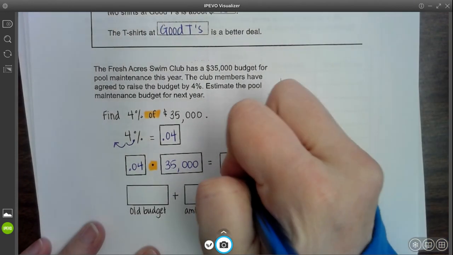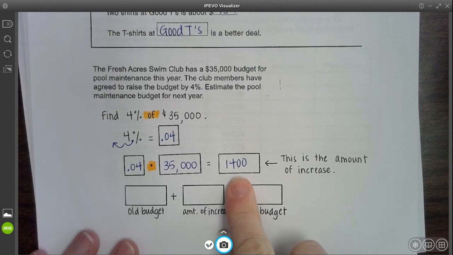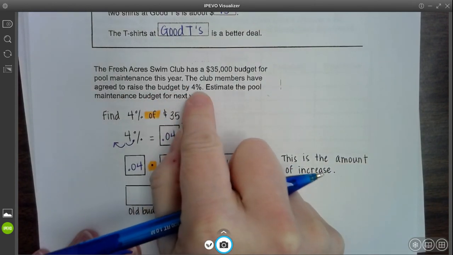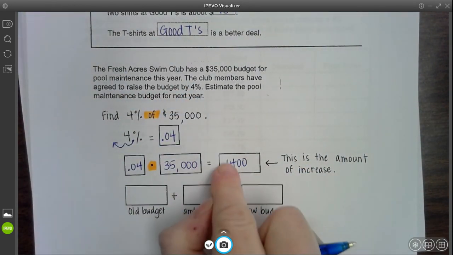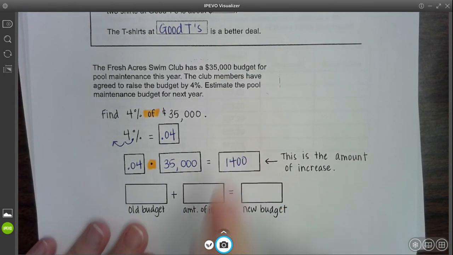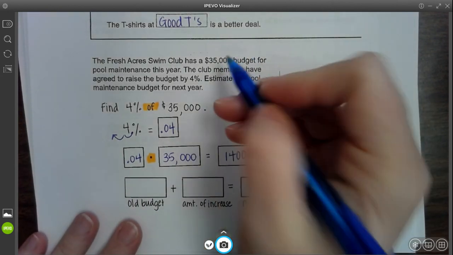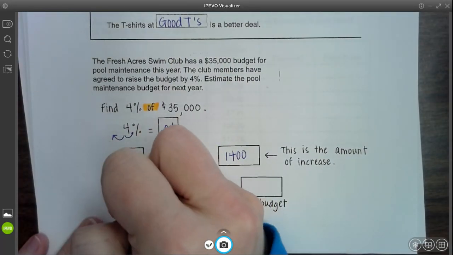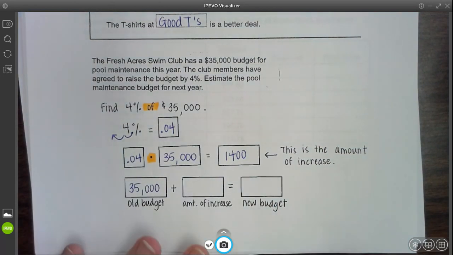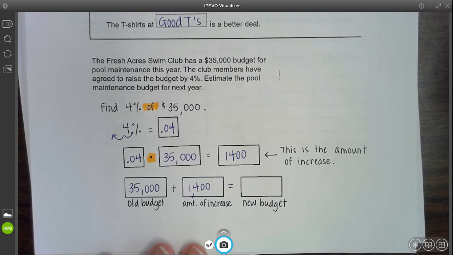Okay, so this $1,400, that's going to be the amount of increase. So it said they're raising the budget by 4%. So this is the amount that we're increasing it by. We're adding $1,400 to our pool budget. So to figure out our new budget, we're going to take the old budget, which was $35,000, and we're going to add the amount of the increase, which was $1,400.